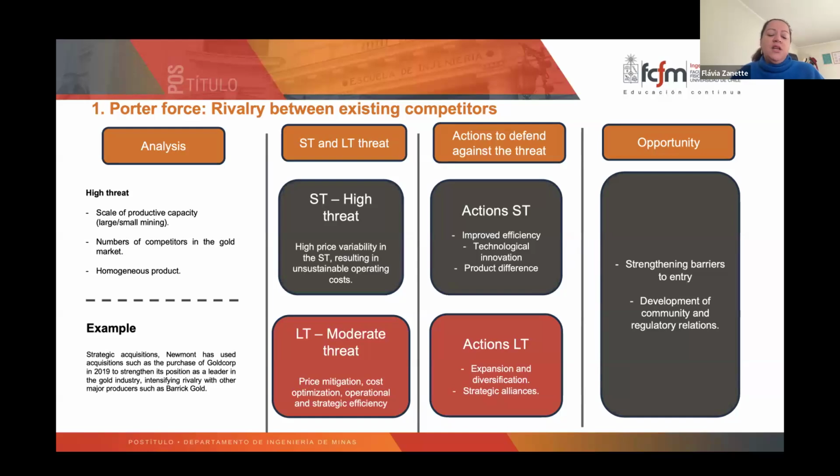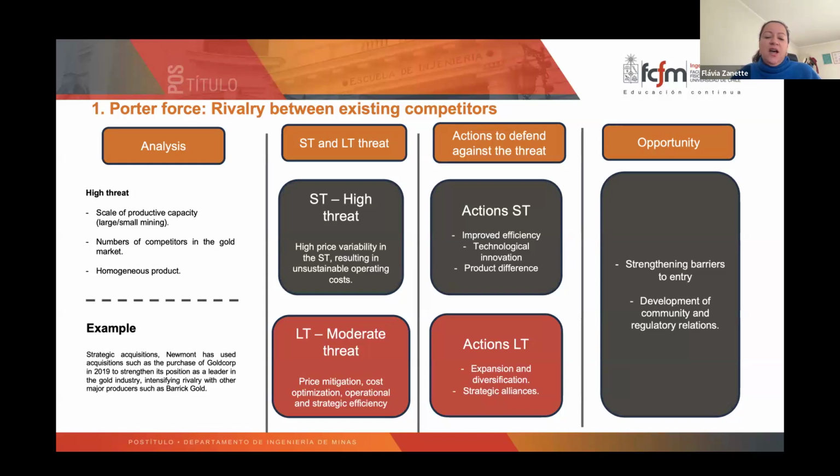For example, strategic acquisitions. Newmont has used acquisitions such as the purchase of Goldcorp in 2019 to strengthen its position as a leader in the gold industry, intensifying rivalry with other major producers such as Barrick Gold.